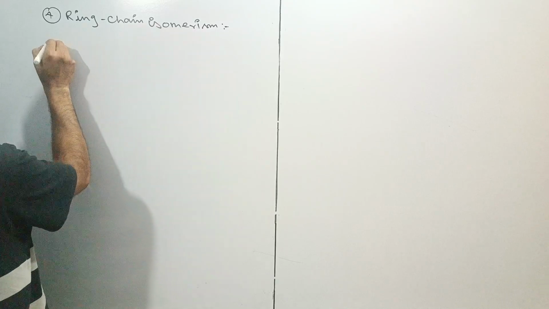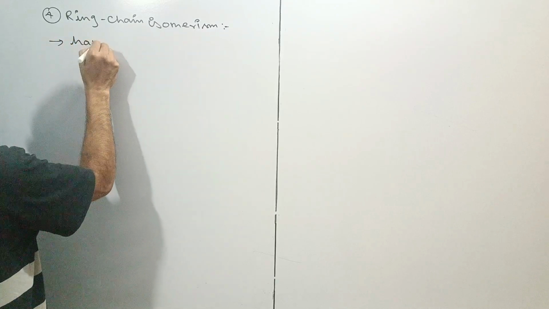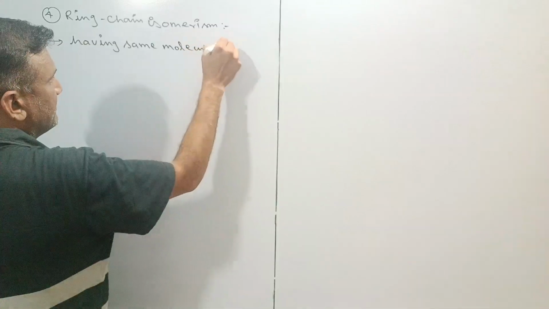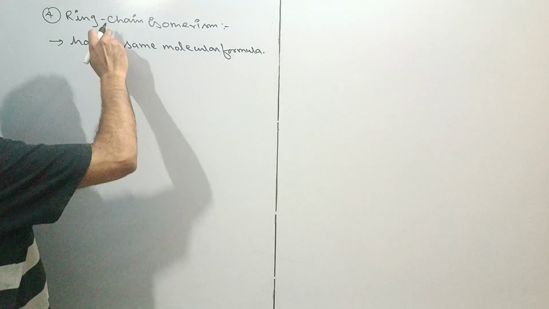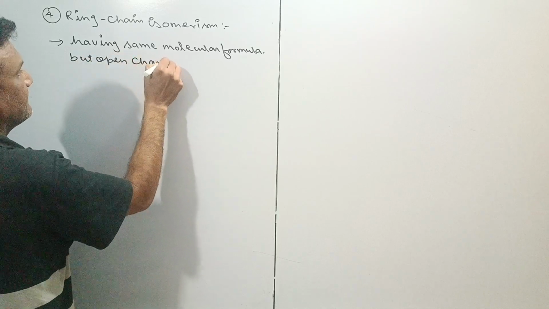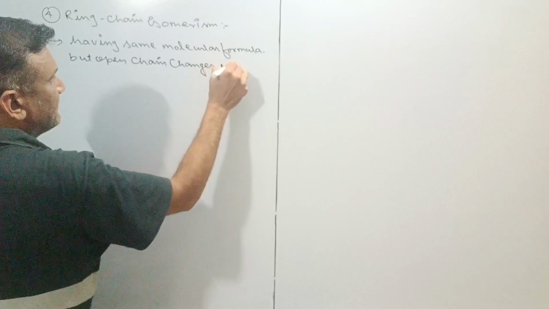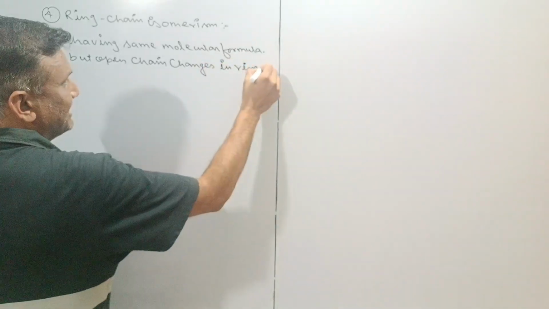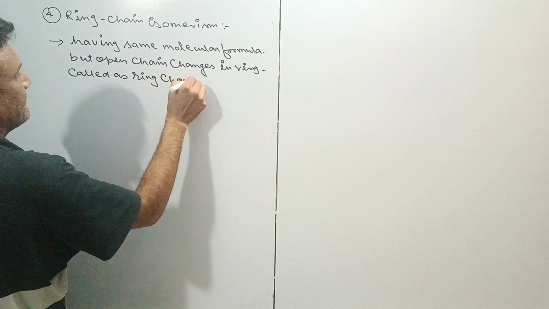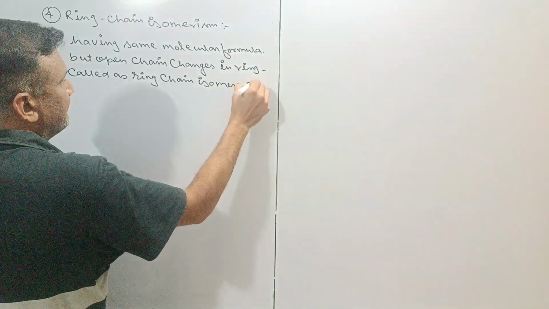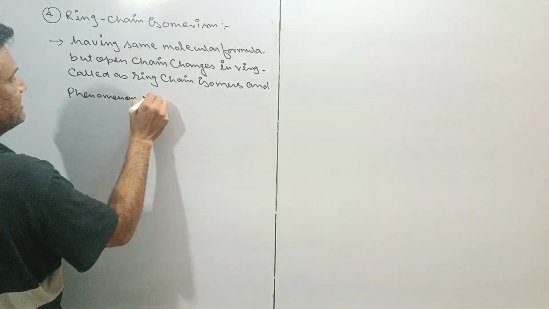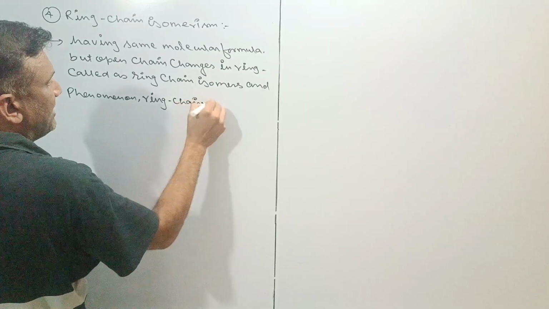Two or more compounds having the same molecular formula, but with an open chain changing into a ring, are called ring chain isomers, and the phenomenon is called ring chain isomerism.